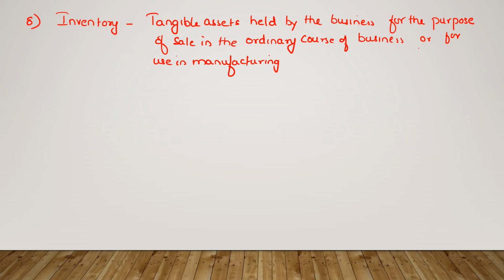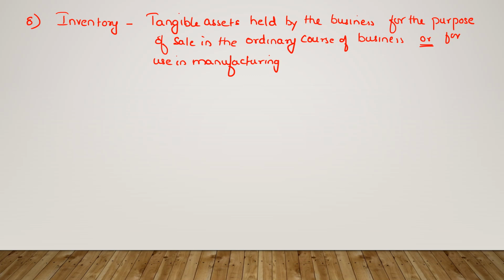But if it is a manufacturing concern where cloth is purchased, stitched, and then the ready-made garments are sold, then the cloth purchased would account for inventory, because cloth is also tangible. It is held and is going to be used in the manufacturing of ready-made garments.